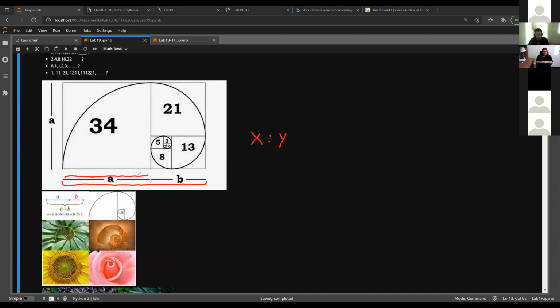Actually, they have symbols, so I don't know why I'm using X and Y. These two have the same kind of ratio as this segment does to this segment.